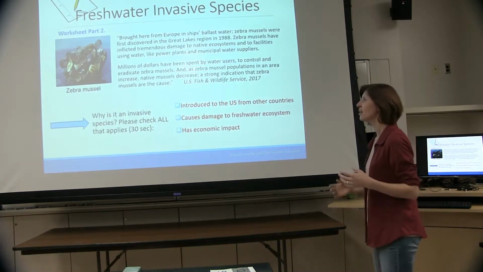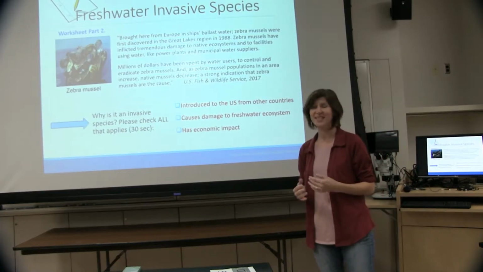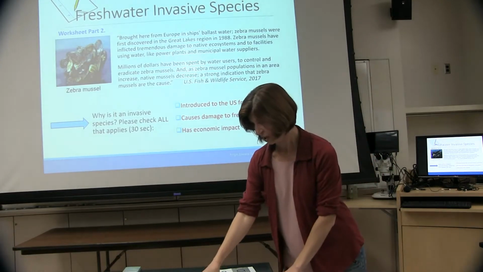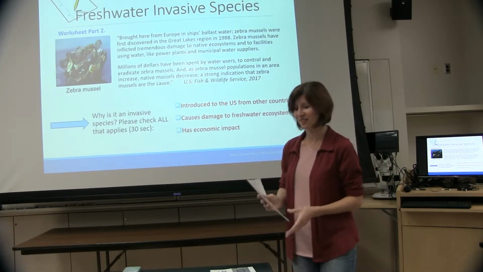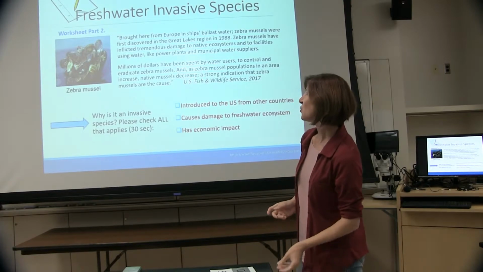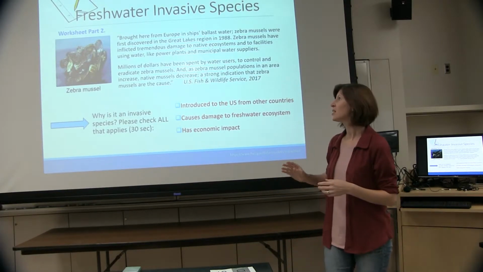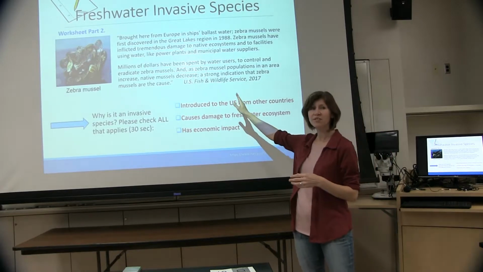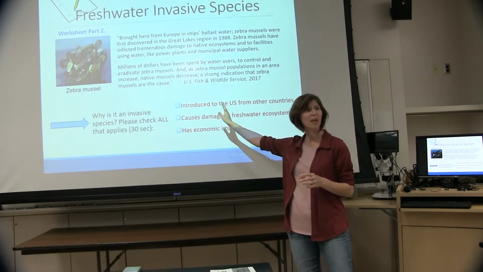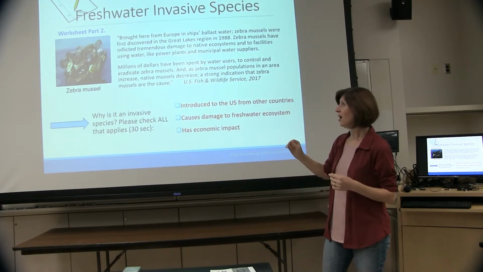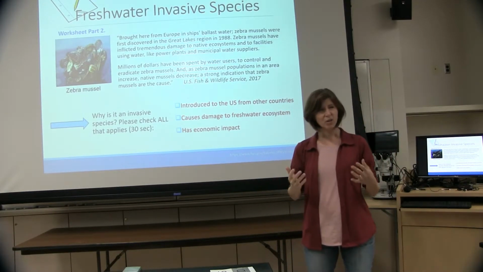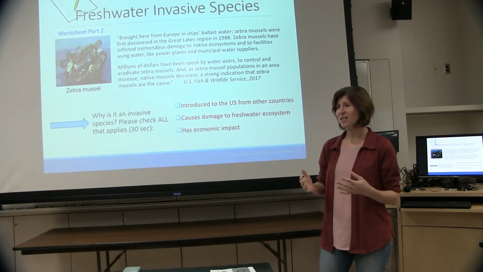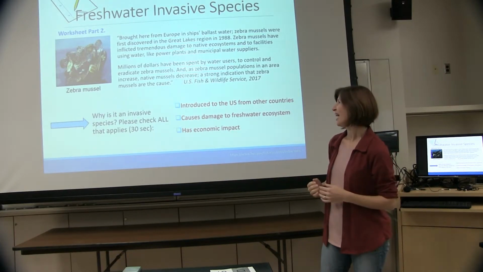So let's get familiar with some of these species. In your worksheet, part 2 here, everyone has a different invasive species. What I would like you to do is to take a look at the brief description of this species. As you read, please think about just one question: why do you think this invasive species is invasive?